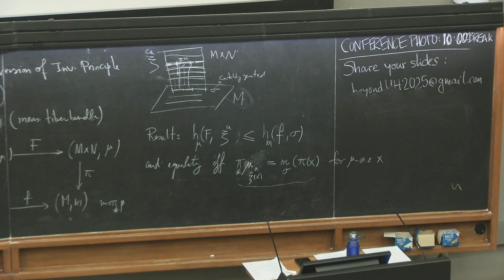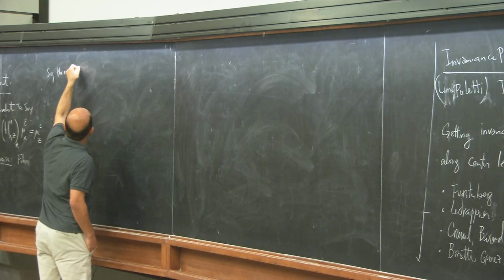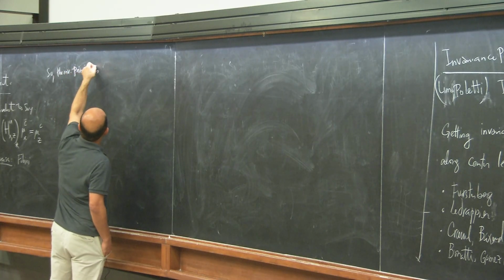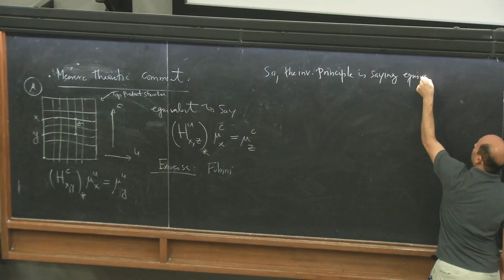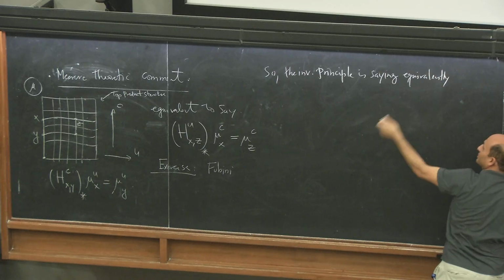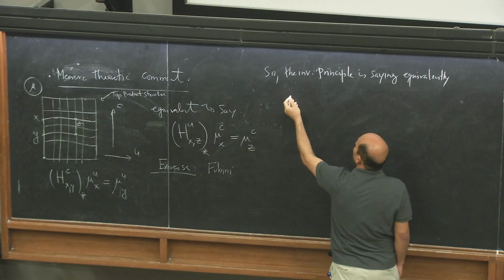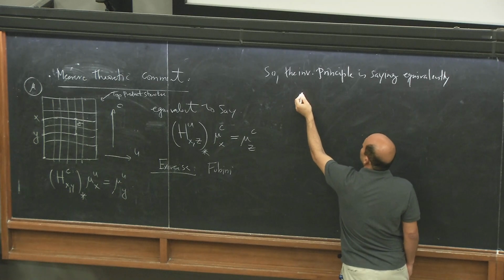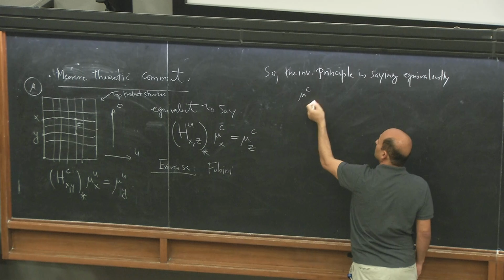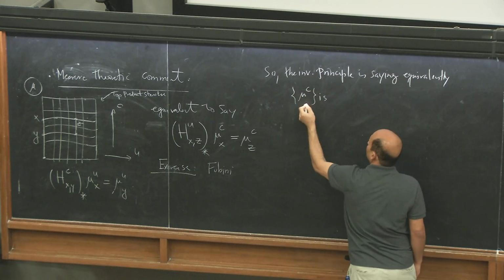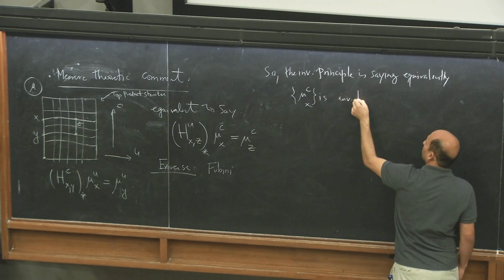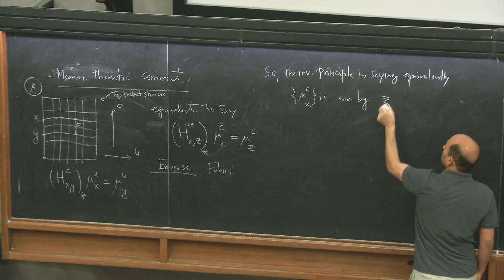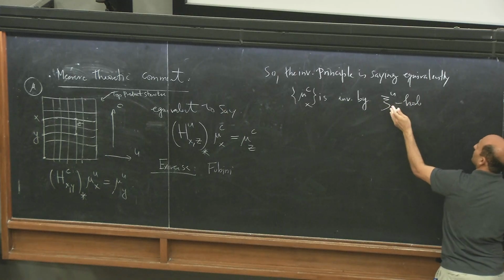The invariance principle is saying, equivalently, by the measure theory course, that mu C is invariant by the psi U holonomy, FU holonomy.